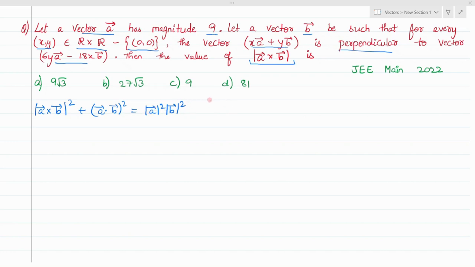For that, let's use the other condition. These two vectors are perpendicular to each other. For the perpendicular condition, the dot product will be 0. So xA plus yB dot 6yA minus 18xB will be 0.